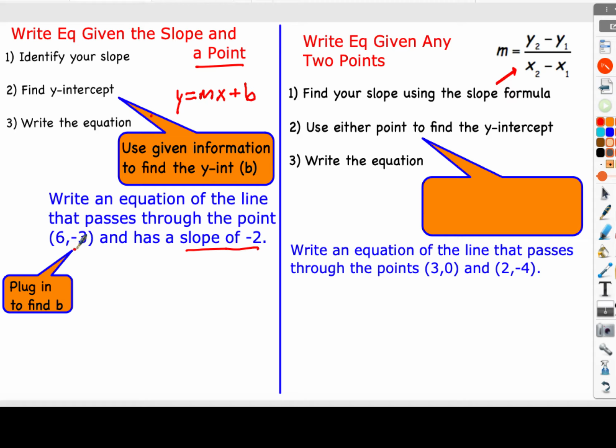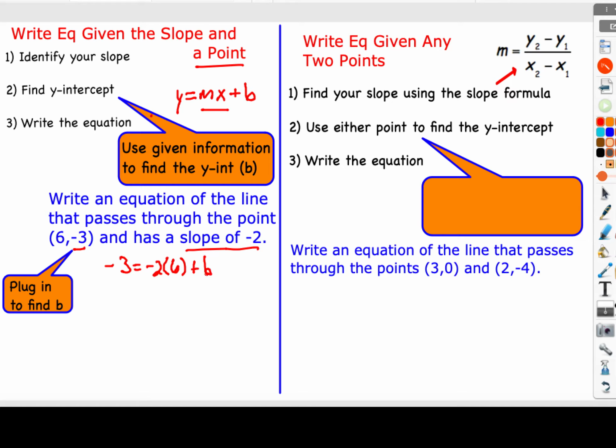If we know that y is negative 3 when x is 6, I can plug that coordinate into my equation, knowing again that the slope, the number that's always in front of x, will be negative 2. Again, this is y from the coordinate that I know equal to m times x from the coordinate that I know plus b, the one thing that I don't know.